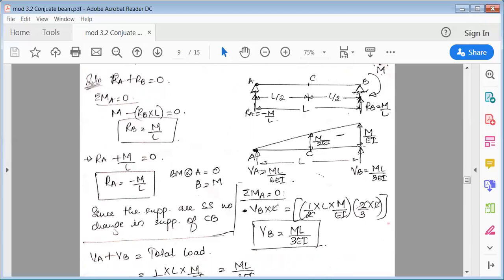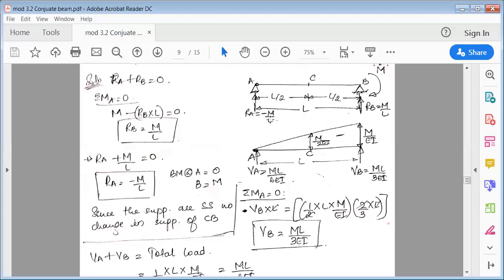Because it is not symmetrical, whereas all the problems we have solved previously were symmetrical, where whatever total load was acting we would divide it equally on A and B. But now at A it is 0 and it varies linearly, and at B it is maximum, that is M over L. For such a problem, we'll again use the equilibrium equations to find the shear force, the same method as for the reactions.